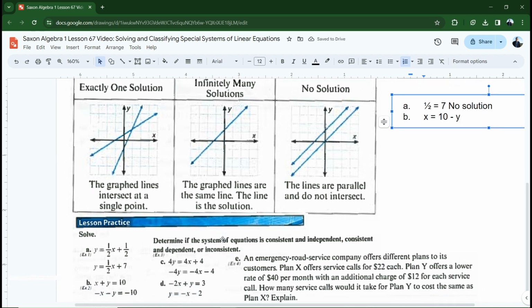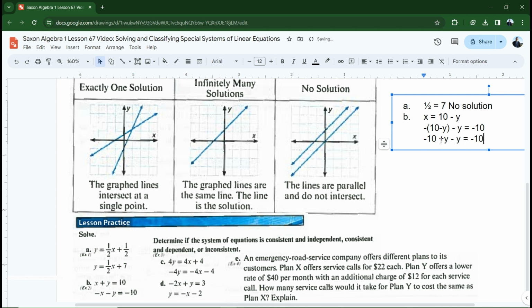And then the next equation: now that I know that x equals 10 minus y, I'm going to plug in 10 minus y for x. So negative, open parenthesis, 10 minus y, minus y equals negative 10. When I distribute that negative, it becomes negative 10 plus y minus y equals negative 10.